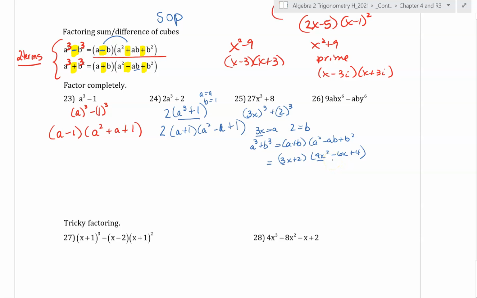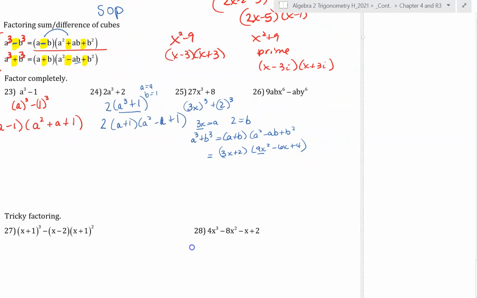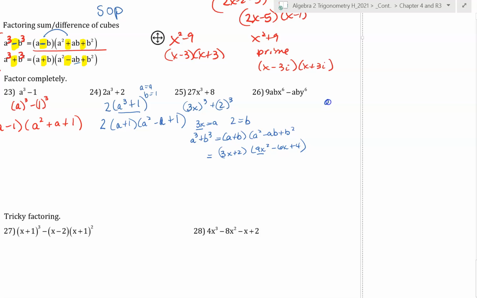Okay, for number 26, look for common terms. They both have an a and a b. And now let's think about how you would proceed for this one. So, is 9x to the 6 minus y to the 6 a difference of two perfect cubes? Actually, 9 is not a perfect cube.